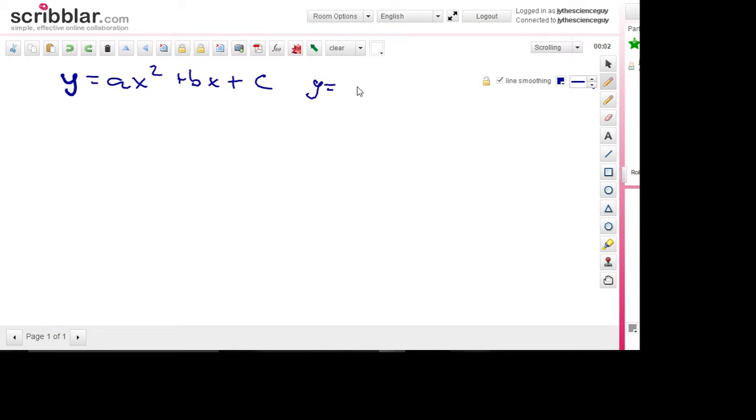And that's the vertex form for the equation. Are any of this stuff looking familiar to you? Yeah. Okay. So when you're doing this, the vertex is always going to be at h comma k.